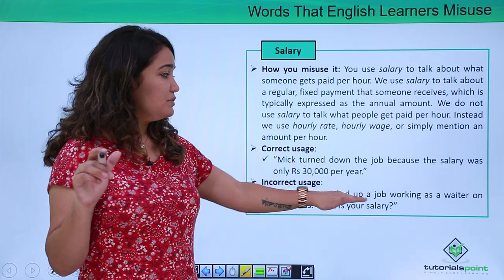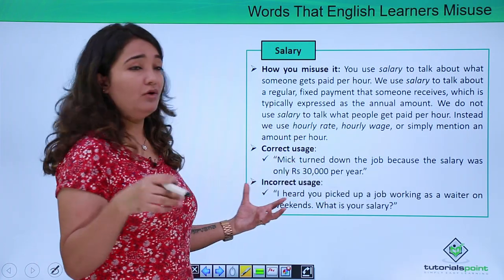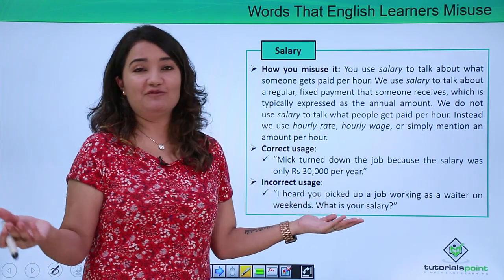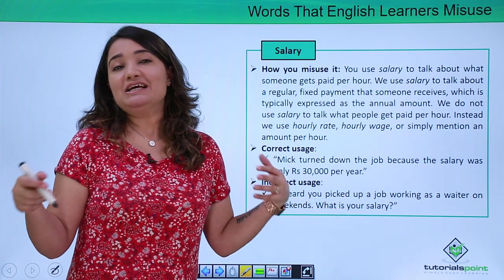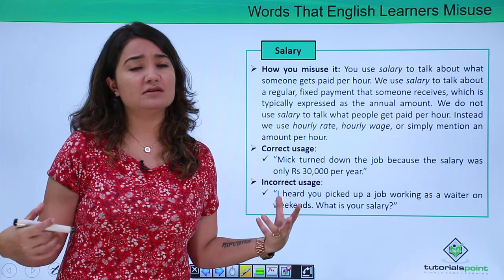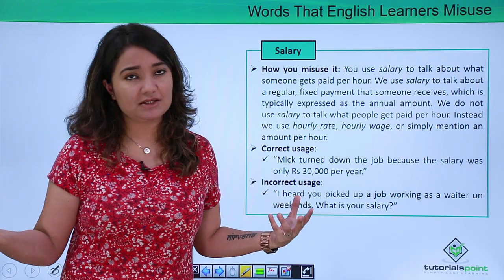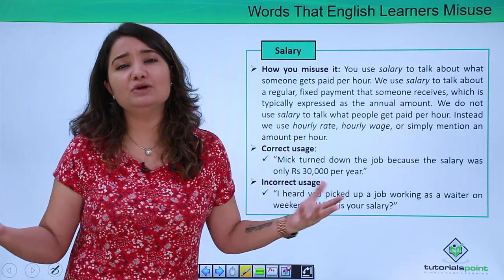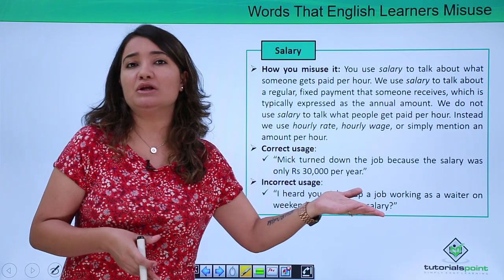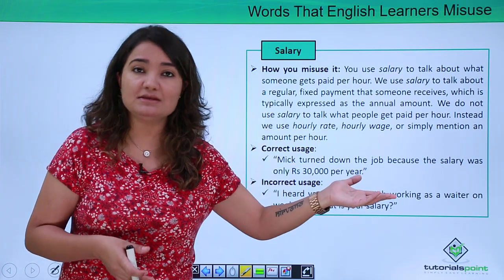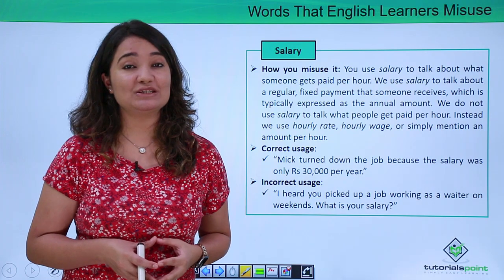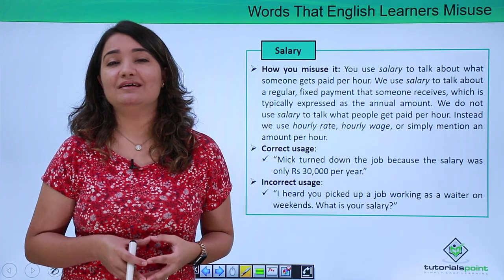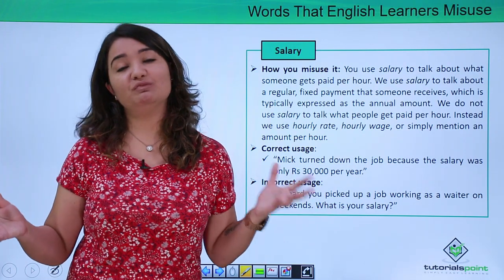I heard you picked up a job working as a waiter on weekends. What is your salary? Well, that is wrong, because when you are working as a freelancer or as a part-timer, in all likelihood you would be paid on a daily basis or maybe on an hourly basis. So in that case, that's not your salary, that is your wage. Those are your wages which you're being paid, right?